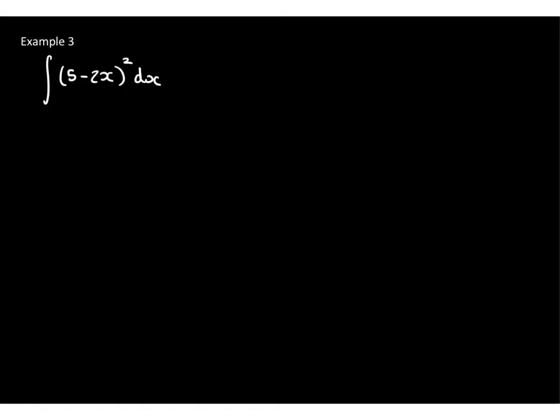So next example, 5 minus 2x all squared, the integral of. What's our inner function? u is 5 minus 2x. du by dx is equal to negative 2, and then rearrange this, or pretend we're rearranging this, so that it's in the form dx.